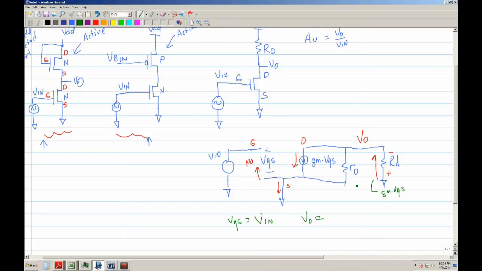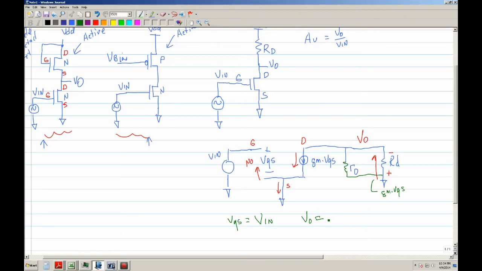You can do a little simplification. Since I had it connected to ground there, this may be a little bit more intuitive. And that rout is actually connected in parallel with RD.